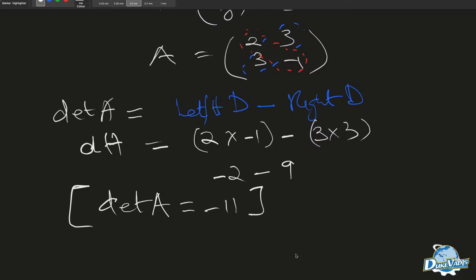How I made mention of the determinant, and I made mention of the adjoint.